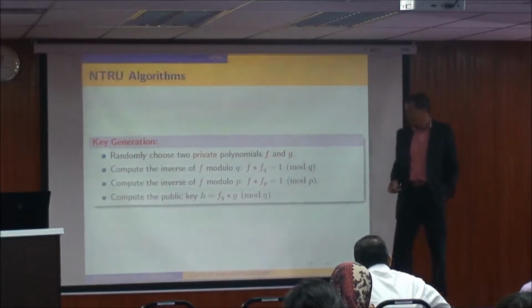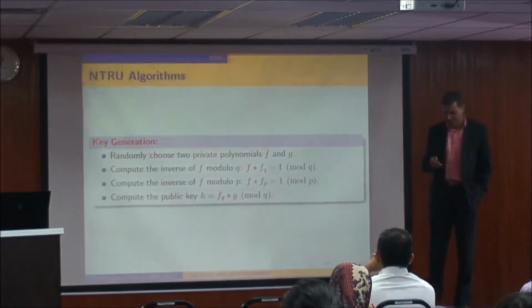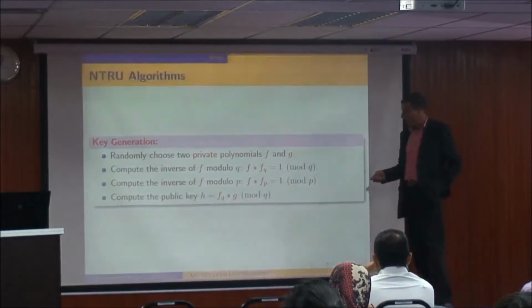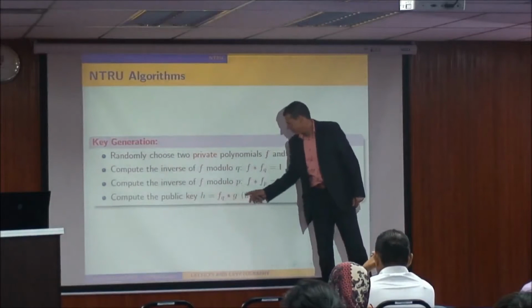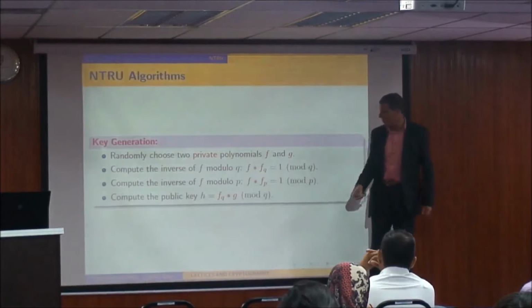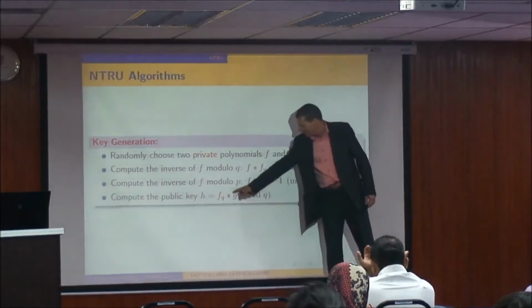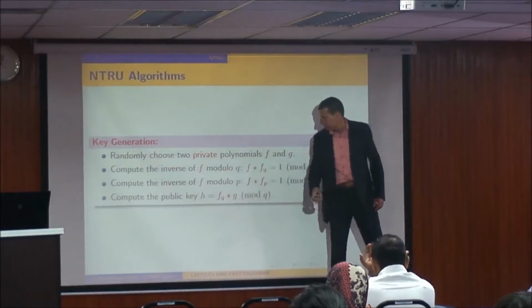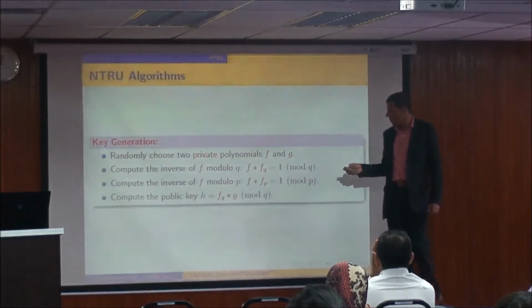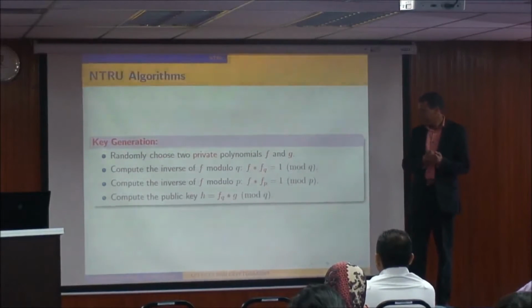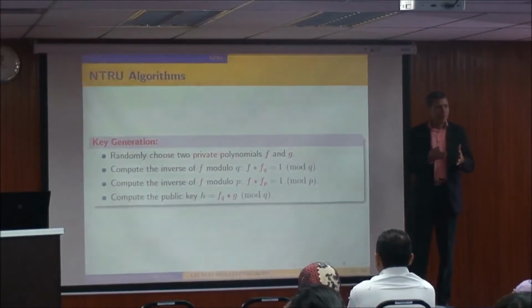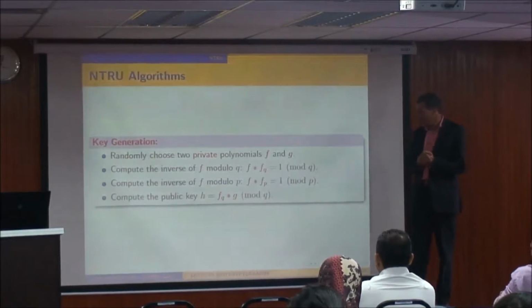So we can try to attack NTRU using this equation. But you can see that in this equation, the two polynomials f and g are private, so there is no way to find these polynomials directly.